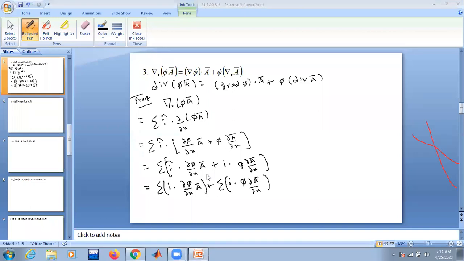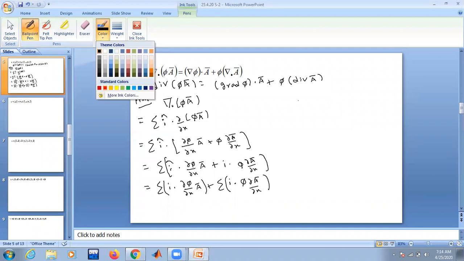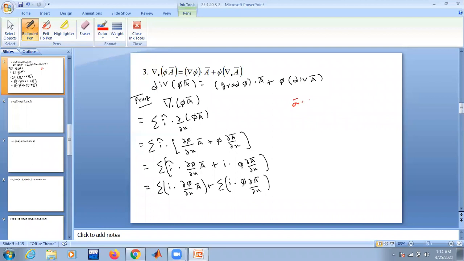Now you know A bar dot kB bar is equal to k A bar dot B bar. Do you agree? You can bring this scalar to any other side also. This can be written as k into A bar dot B bar also.